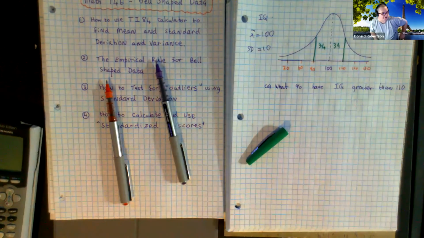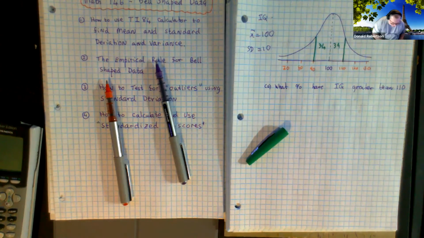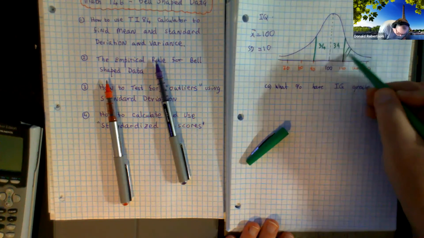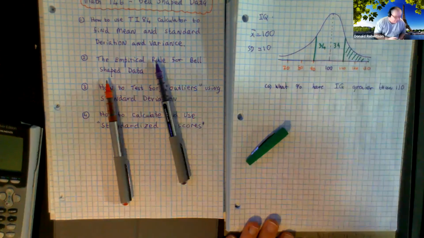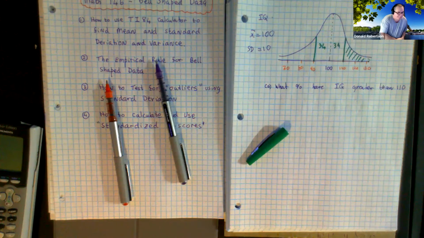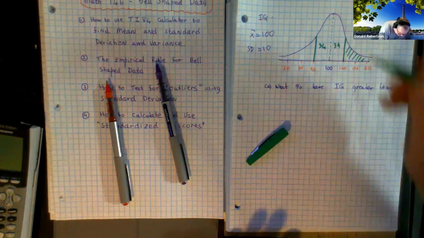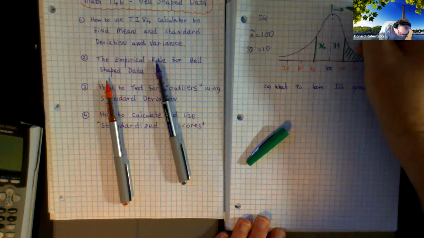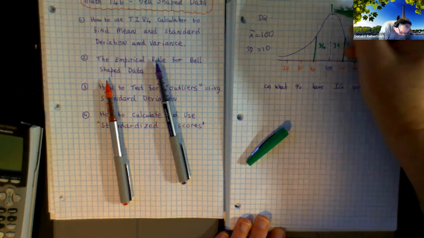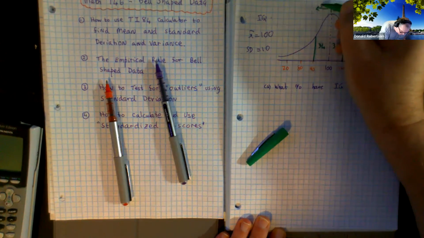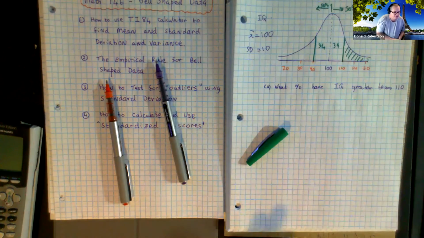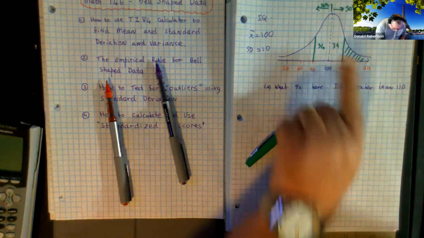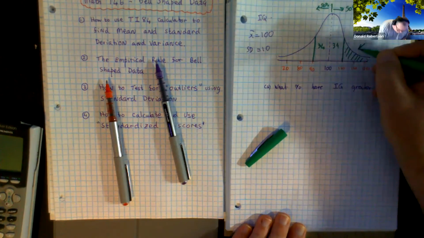Are you with me so far? Now, we are actually interested in that side, aren't we? So far, so good. We're almost there. Isn't 50% of the data this side and the other 50% of the data that side? Agreed? If this bit is 34, what's left there?